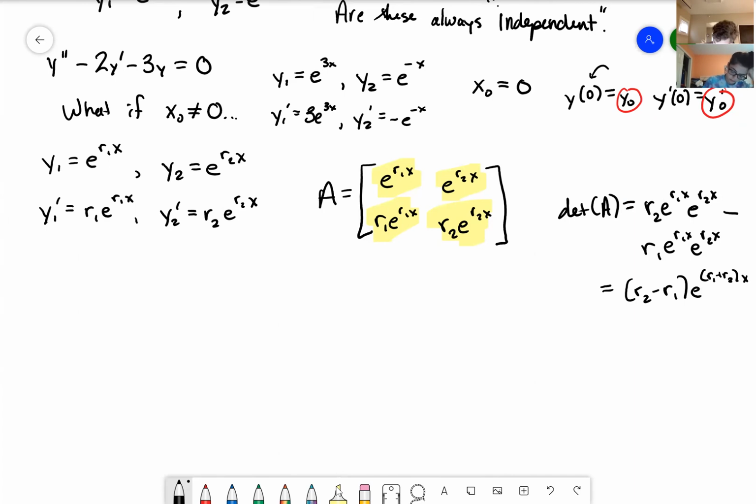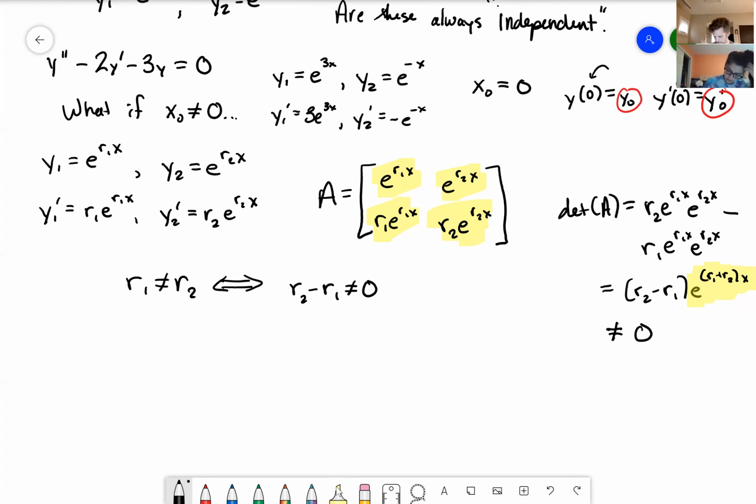Okay, and so we know that any exponential is going to be non-zero. And we know that we have two distinct roots. So r1 is not equal to r2. In other words, or completely equivalently, r2 minus r1 is not equal to 0. And so the Wronskian is never equal to 0 in any of these cases.